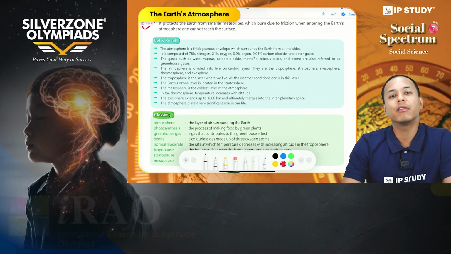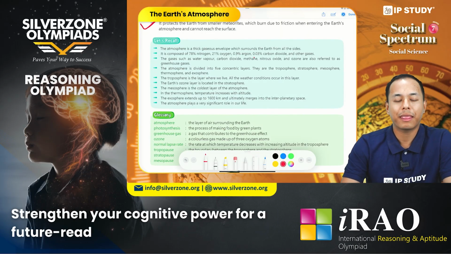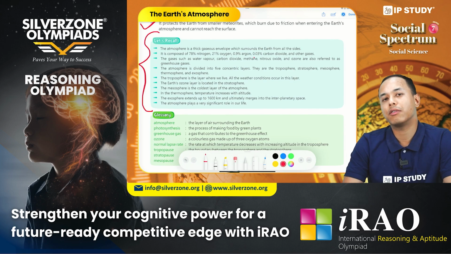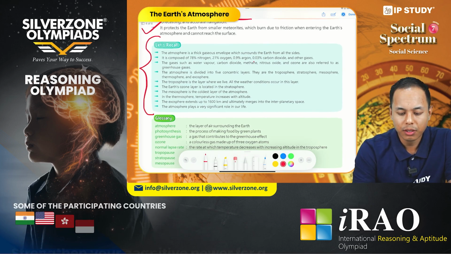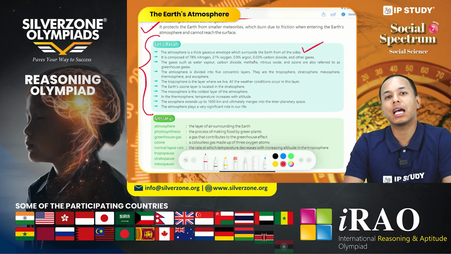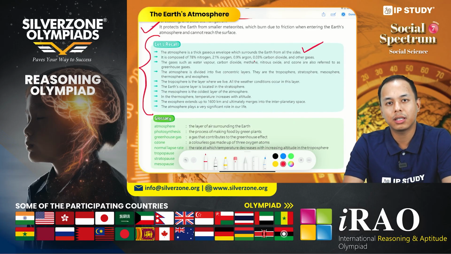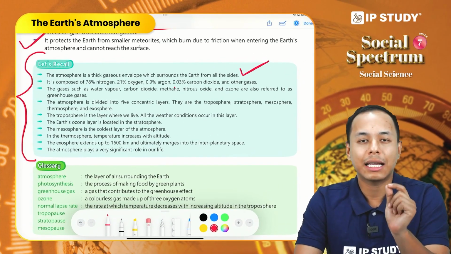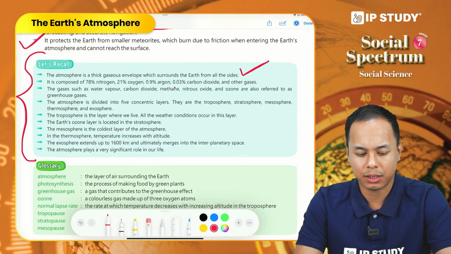With this, we have come to the end of the chapter. Now let us revise the important points that we have discussed in this chapter. The atmosphere is the thick gaseous layer that surrounds the earth, and gravity plays an important role because it is gravity that attaches the atmosphere to the earth.